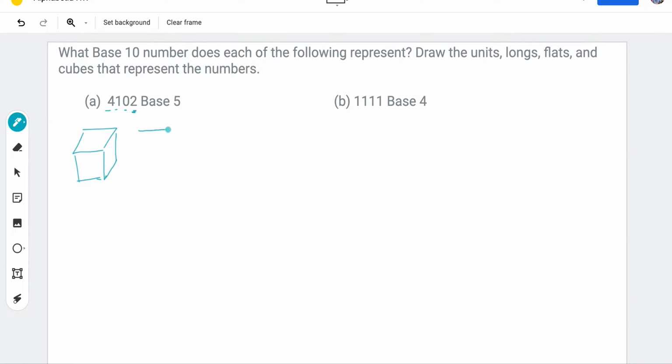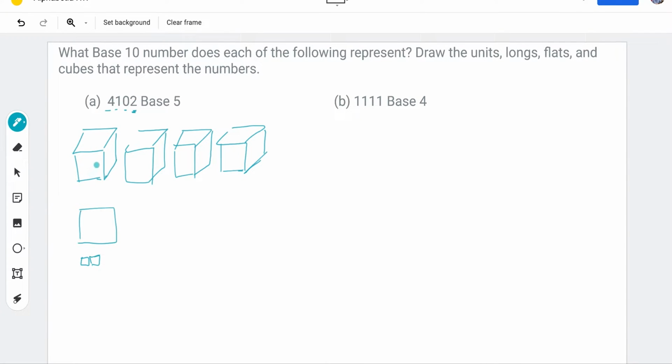So you have 4 of them: 1, 2, 3, 4. They have to be the equal size, right? Okay, you have 4 of these cubes and you have 1 flat and you have no longs and you have 2 units. So this is what you have, right?